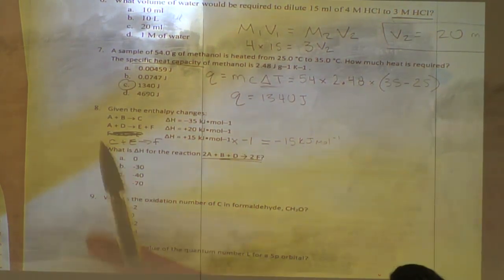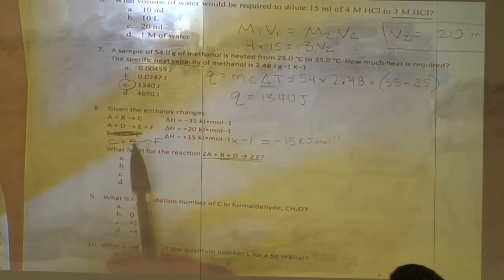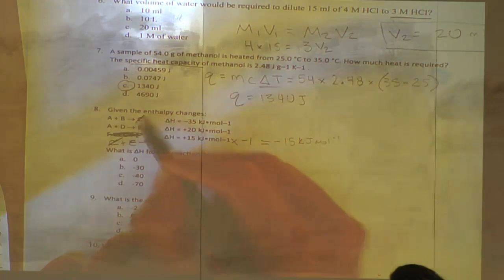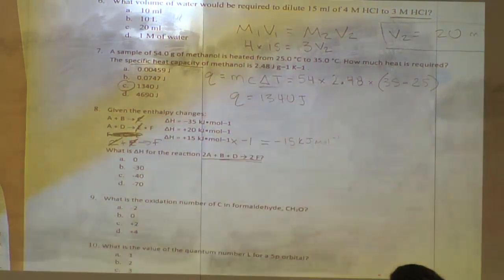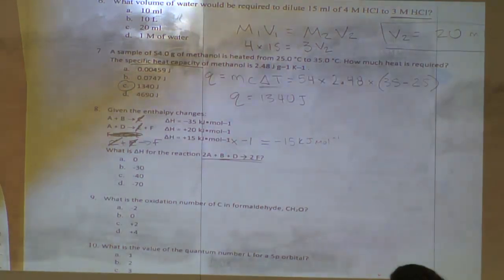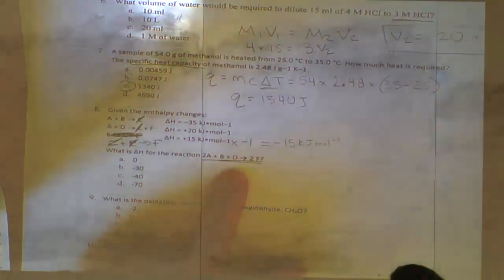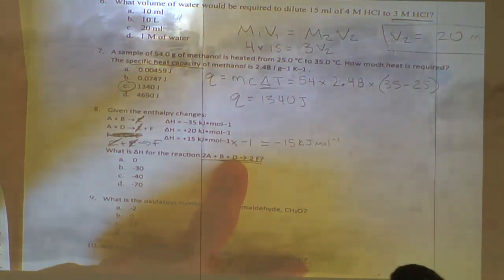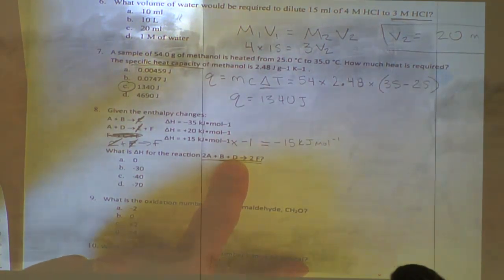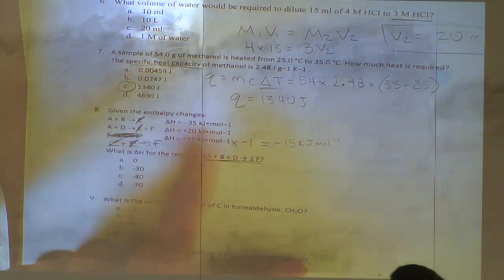What can we cancel? The C and the E's get canceled. We don't need those. So those all cancel out because they're on opposite sides. All right, so now that we essentially manipulated all the equations to all end up giving you this, when you add them all up together. So if we added up all these equations together, what should we do with all these delta H's?